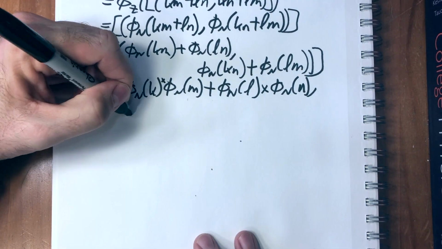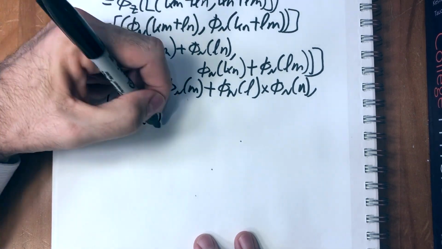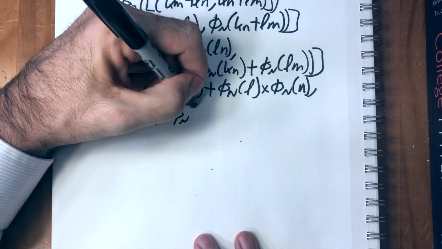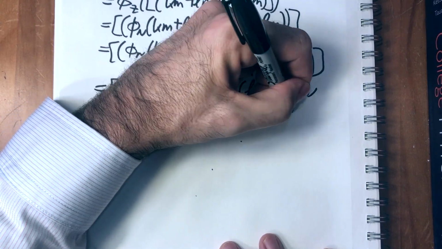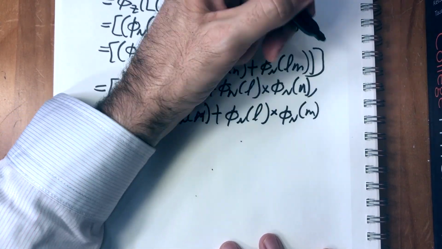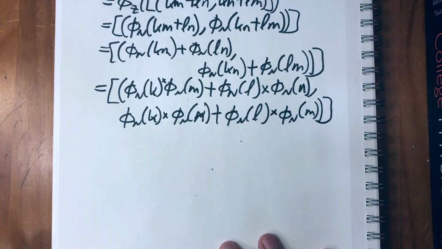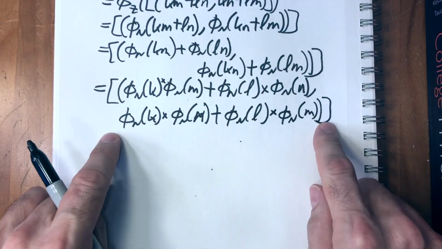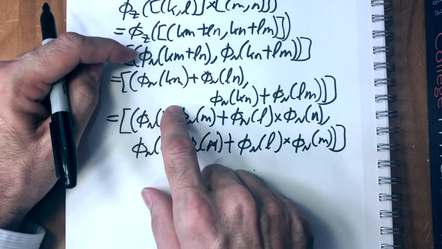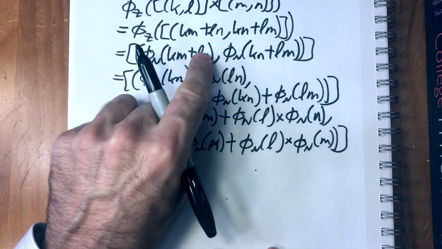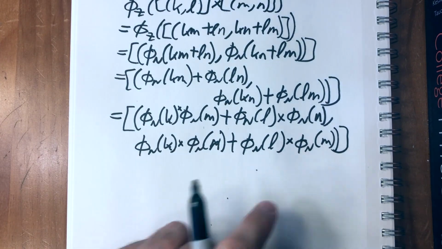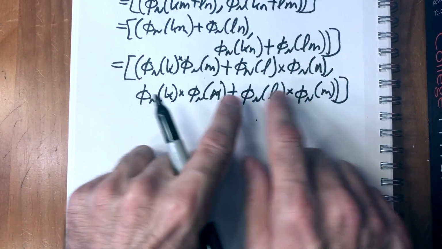Same thing for this one: phi n of k times phi n of n plus phi n of l times phi n of m. Okay, so this is the first element, this is the second element. We just applied the additive property to separate them and the multiplicative property to separate them. So we have this times this, plus this times this, and so on.